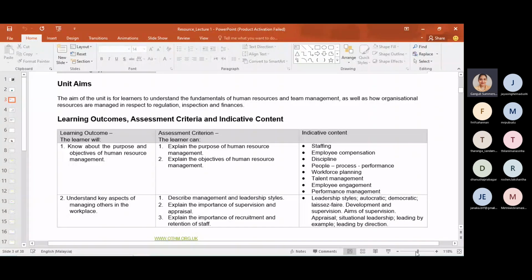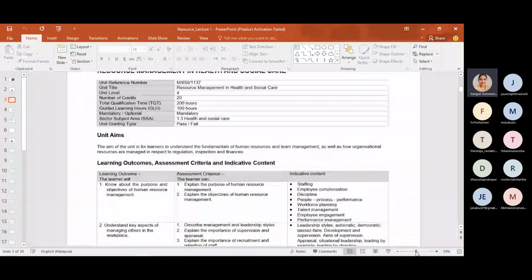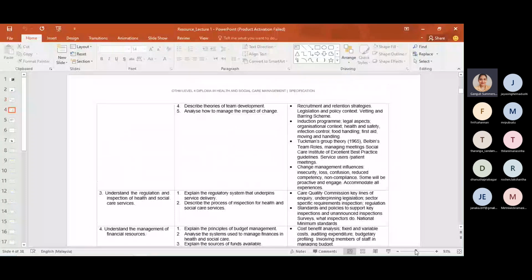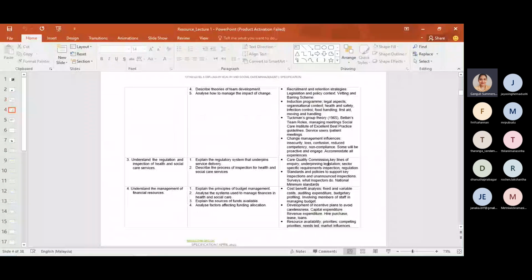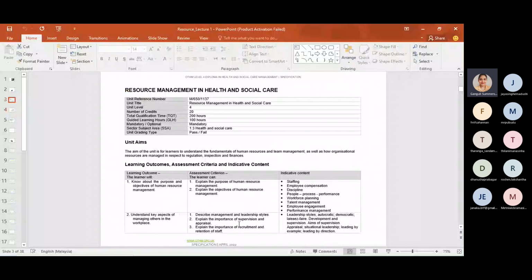Under this learning outcome, there are 5 assignment criteria. Describe management and leadership styles; you will learn about management styles and leadership styles.